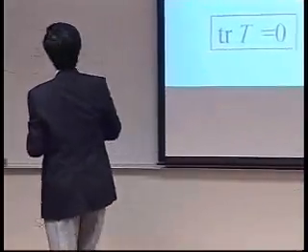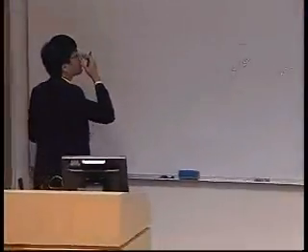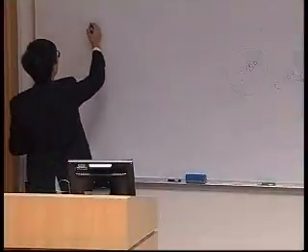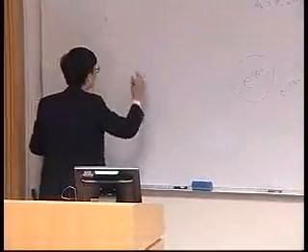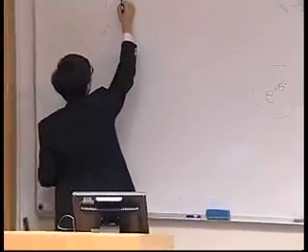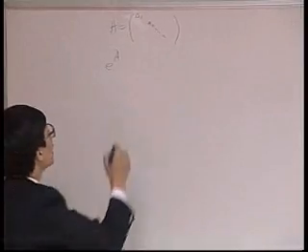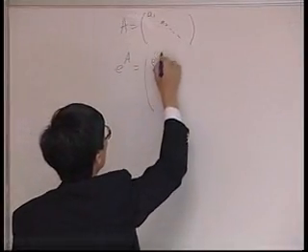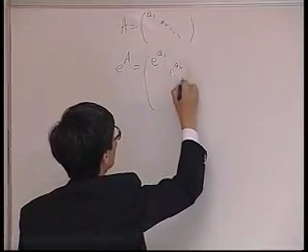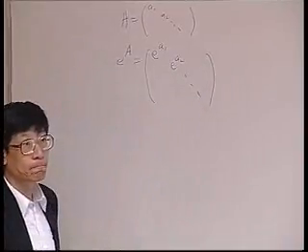Now, determinant of e to the A. What is e to the A? Well, A would be equal to A1, A2, and so on. It would be a diagonal matrix. So e to the A would be the matrix e to the A1, e to the A2, and so on, right?